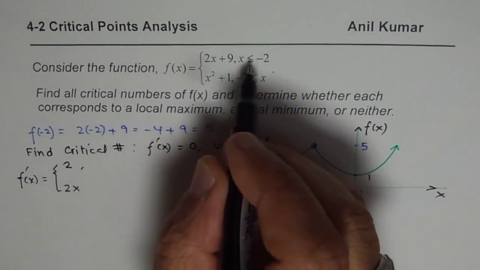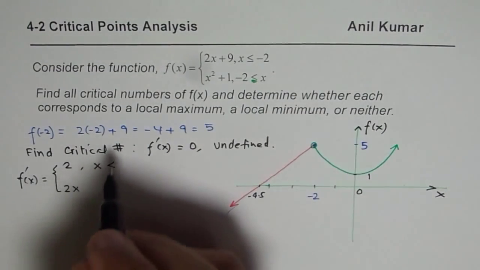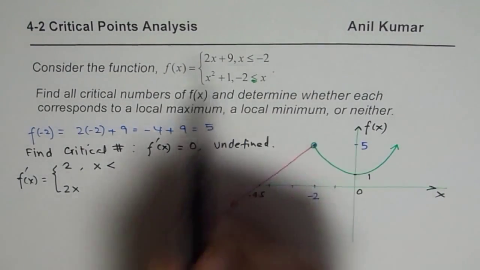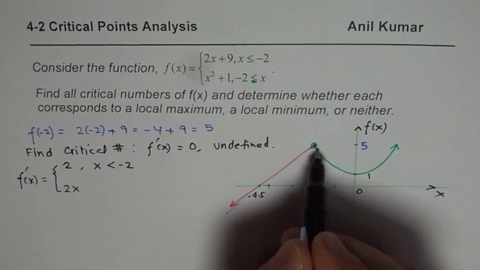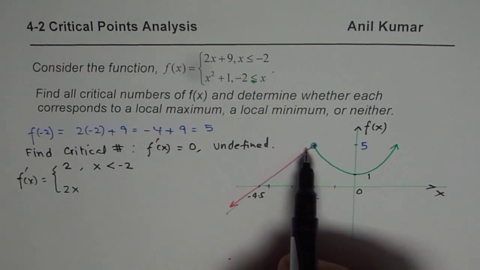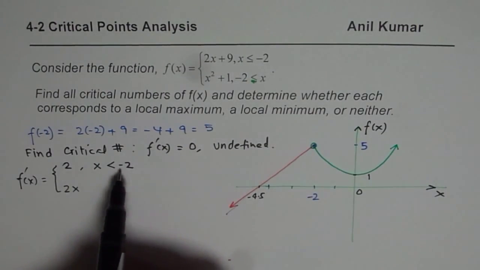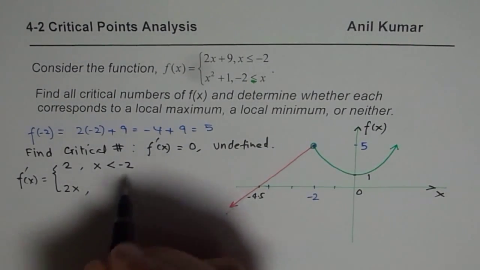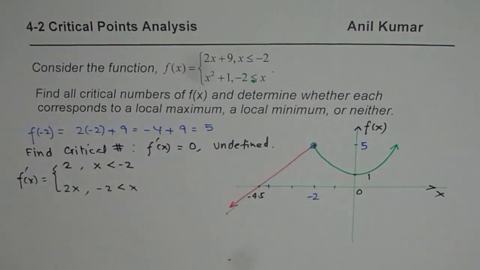Now 2 is the derivative when x is less than minus 2. So we'll not consider the boundary point minus 2 here, since it is one-sided defined; when you find the derivative, it is on the right or left side of that boundary. So it is 2 when x is less than minus 2, and 2x when minus 2 is less than x. That's critical to understand.